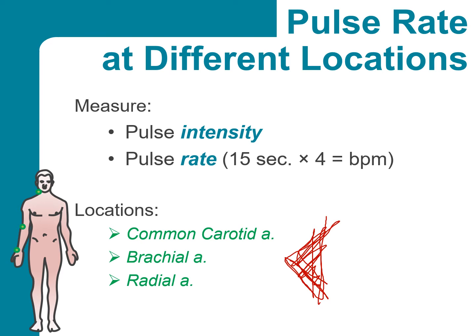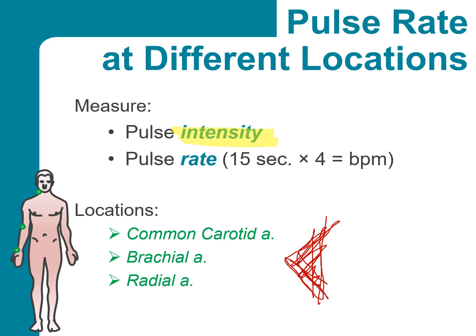Another thing that I want you to note is what it is exactly that I ask you to measure. Well, there are 2 things that I'm hoping you will make a note of for each of these spots. First of all, we will look at the intensity of the pulse at these 3 locations. Note how close each is at a different distance from the heart.